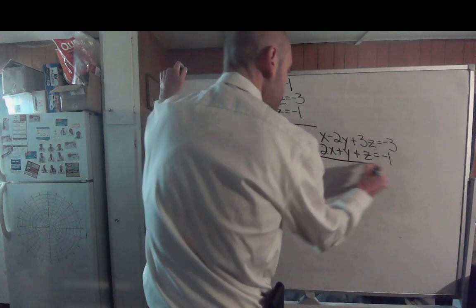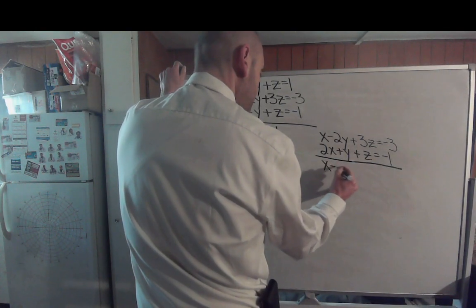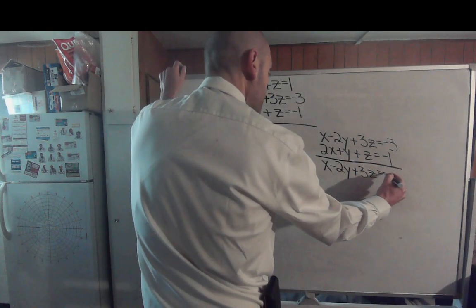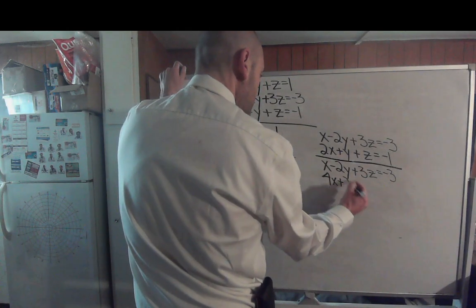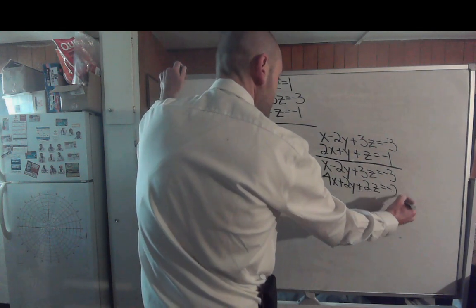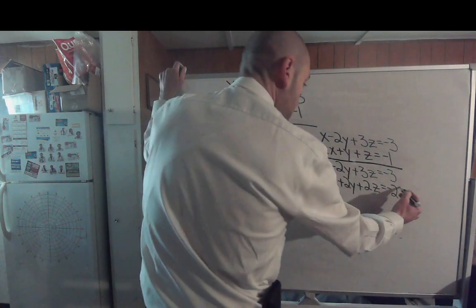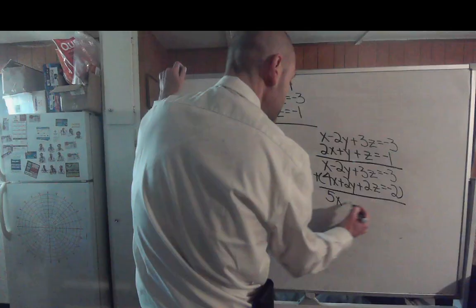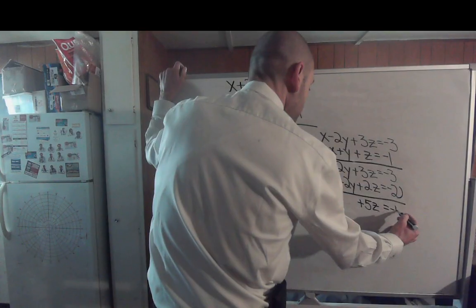Let me multiply that second equation by 2. So I'll have x minus 2y plus 3z equals negative 3, and 4x plus 2y plus 2z equals negative 2. Now I can add them and eliminate y. So this would turn into 5x plus 5z equals negative 5.